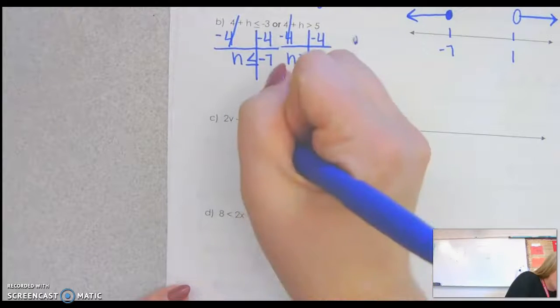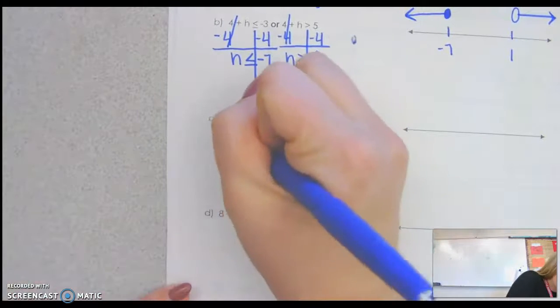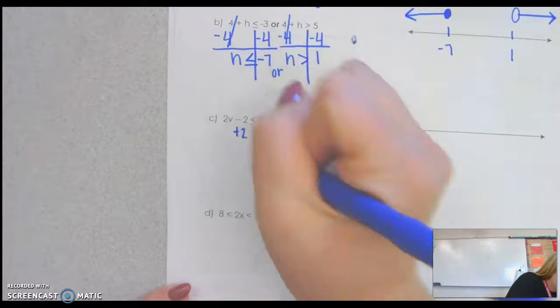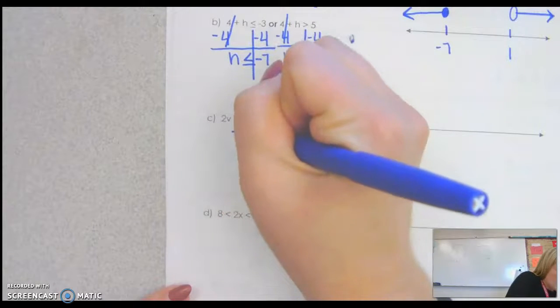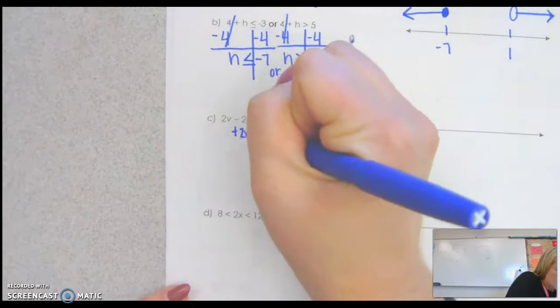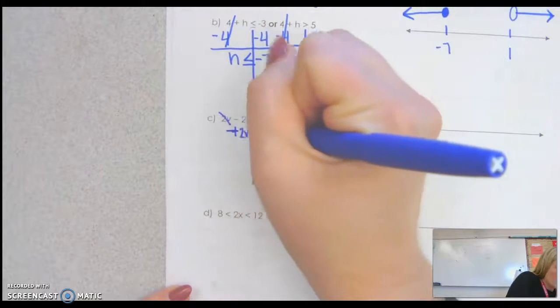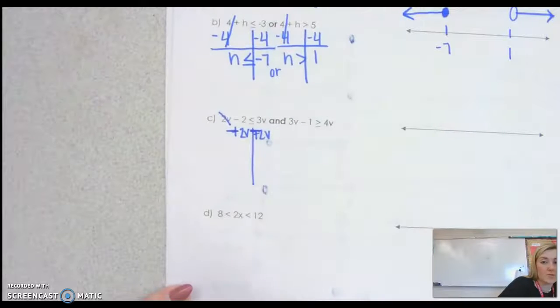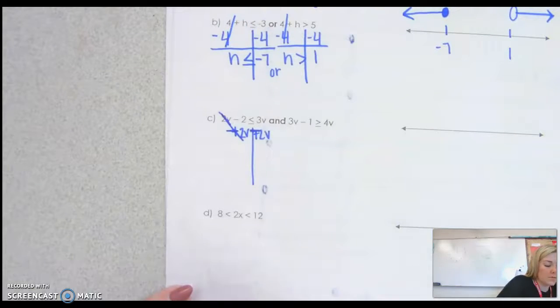Alright, for C we have a couple more steps. So to solve for V, the first thing I need to do is subtract 2V from both sides, so that these two cancel.